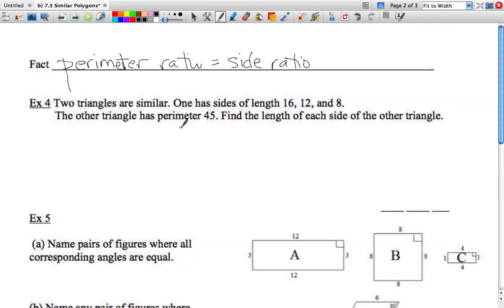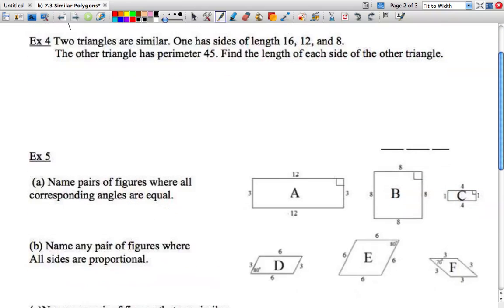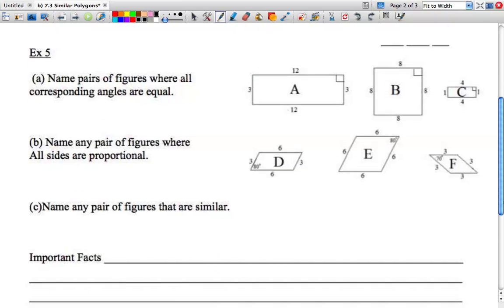Okay, so let's do example 4 together. Actually, I'm going to have you try examples 4 and 5 because those are all related to what we just did, and we'll come back and look at those answers tomorrow in class.